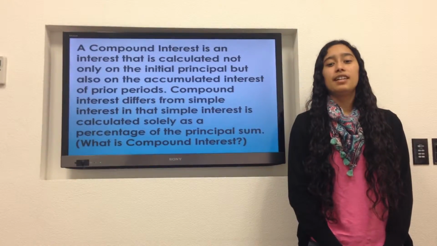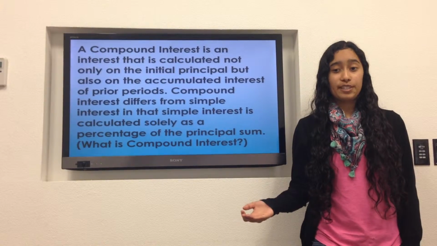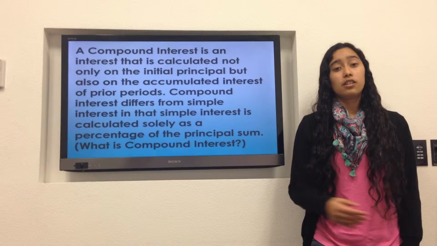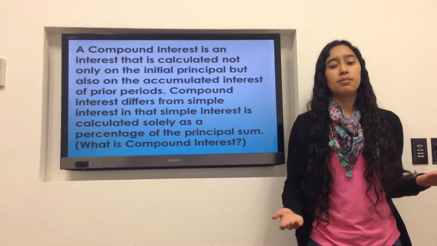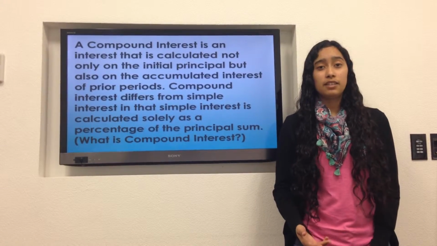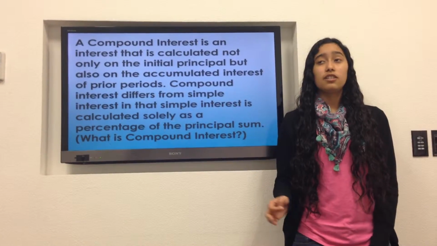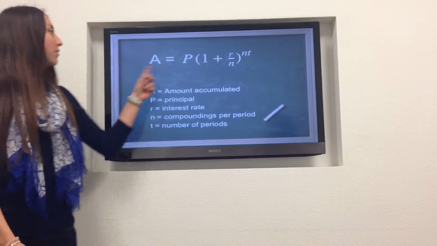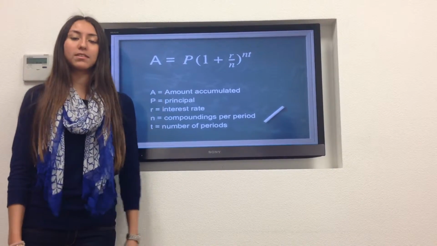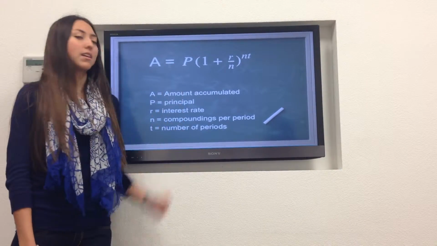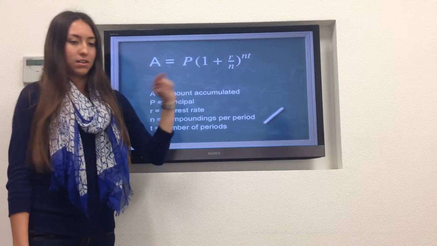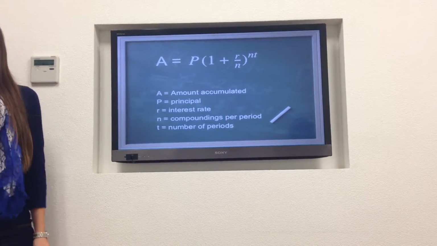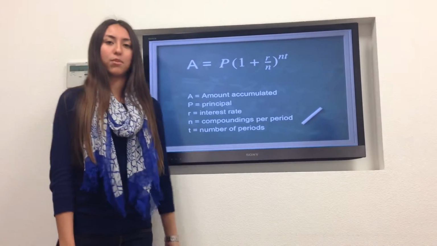Compound interest is calculated not only on the initial principal, but also on the accumulated interest of prior periods. Compound interest differs from simple interest in that simple interest is calculated just as a percentage of the principal sum. We researched and found this formula, where A represents the amount accumulated, P the initial amount, R is the interest rate, N the compounds per period, and T the number of periods.